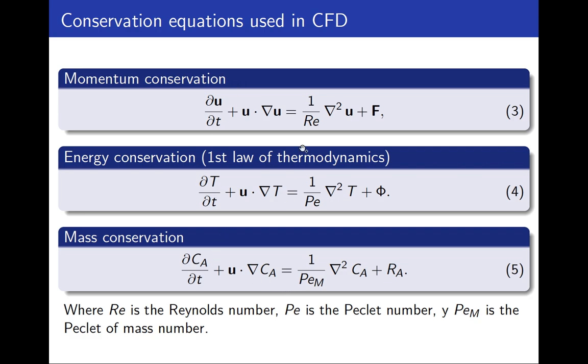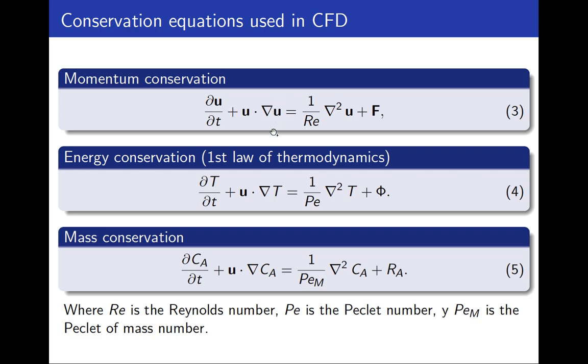You can notice that these three equations are very similar. Each equation has a temporal derivative. This equation is written in terms of the temperature, and this equation is written in terms of the concentration of species A. Each equation also has a convective term. That means we have the velocity field multiplied by the gradient of a property.